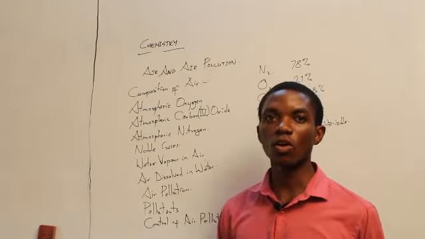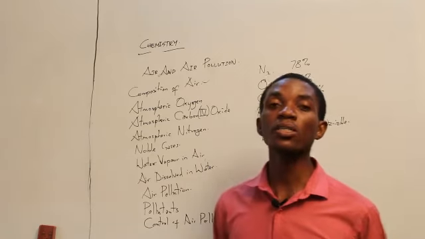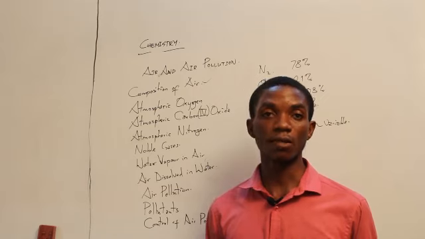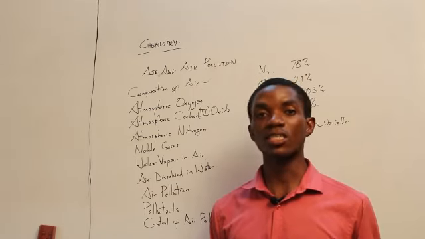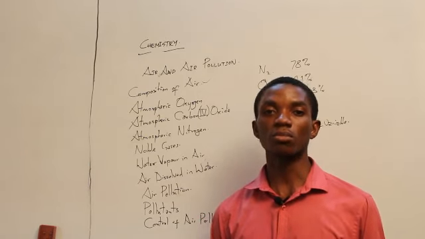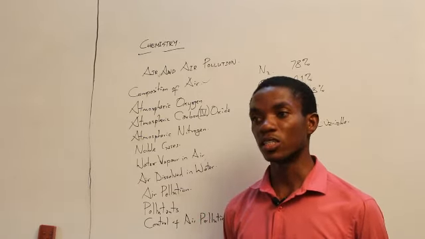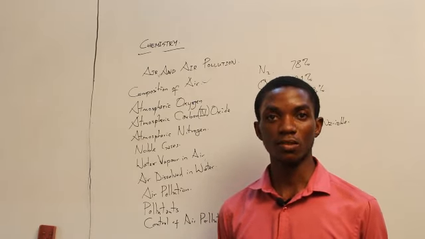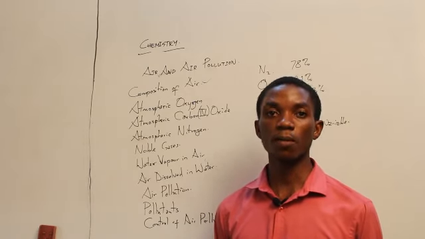Well, burning and corrosion both liberate heat. Yes, heat is more felt in burning than in corrosion, but both of them do liberate heat energy. Burning is a fast, rapid process, while corrosion is a slower process.